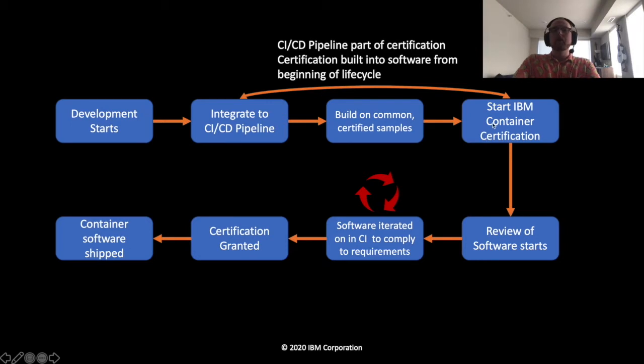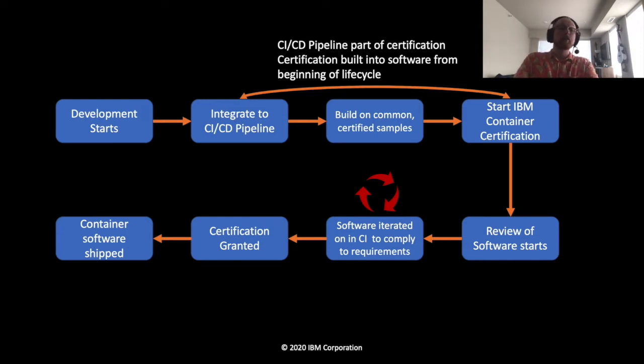And then they're going to start the IBM Container Certification when they're at a point where they're getting ready to release their product. So the review of that software is going to start, and then that software is iterated on in a continuous integration fashion in our pipeline to comply with these requirements. So the first time an offering comes through for certification, they might be out of compliance with 10 or 15 of our requirements.